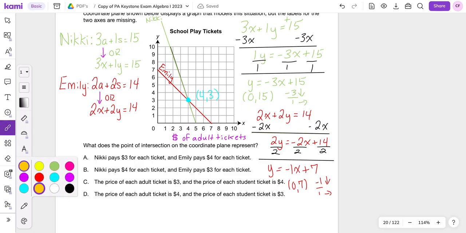And then notice what we changed our s's to. The s's became our y's, which then tells us that the y-axis is going to be the cost of student tickets.